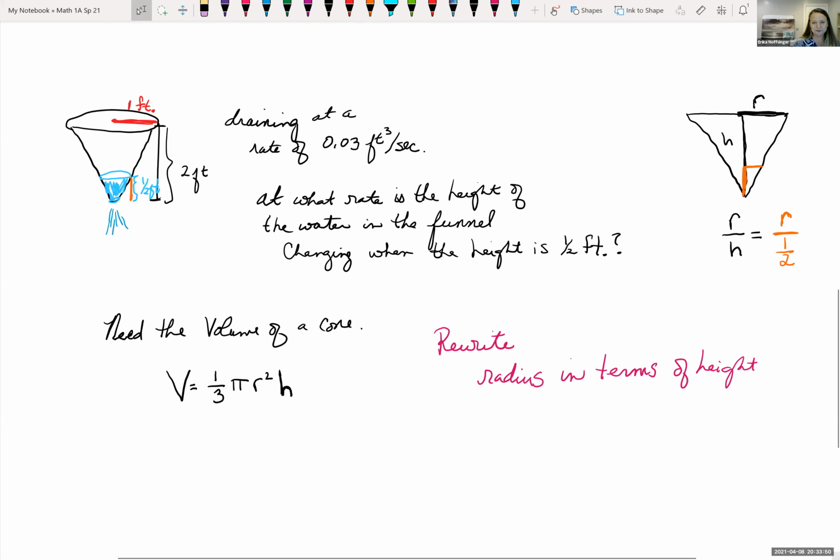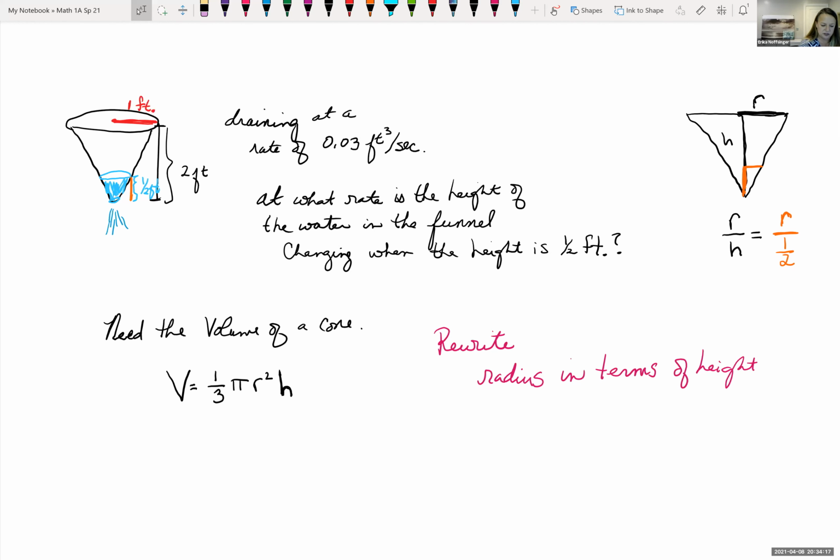Let's do it this way. We know R over H. We know these values in here. This here is 2, and this here is 1.